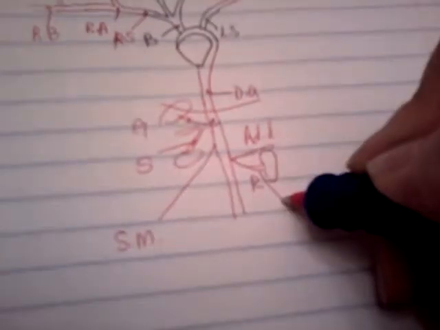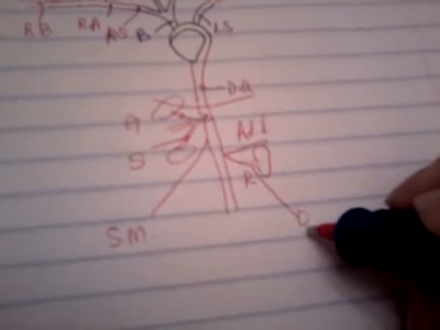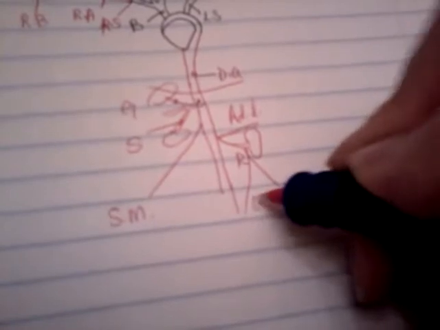And if this is a girl cat, there's one that branches off of the renal towards the ovary, which is the ovarian for a girl. And if it's a boy, it goes towards the descending aorta, and this will then be the spermatic artery. Together, the general term used is the gonadal arteries, gonads.